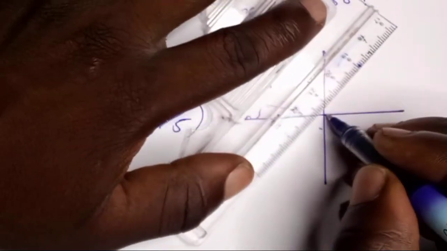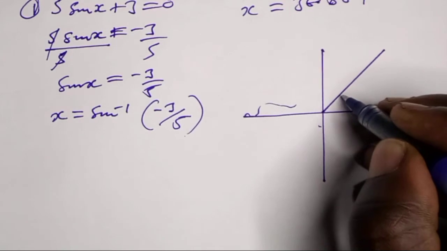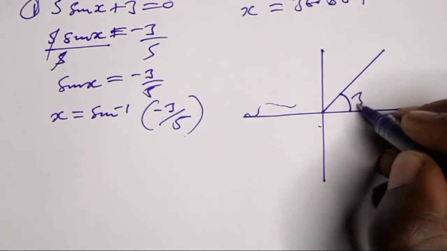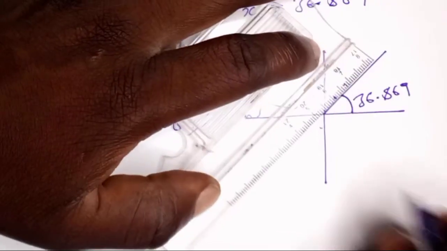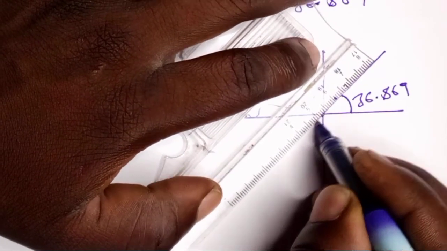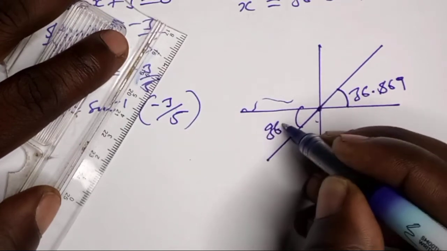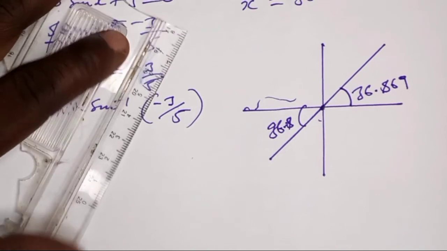If you can see the 36.869 angle, it is found in the first quadrant here, and the alternative angle on the other side will also be 36.869.